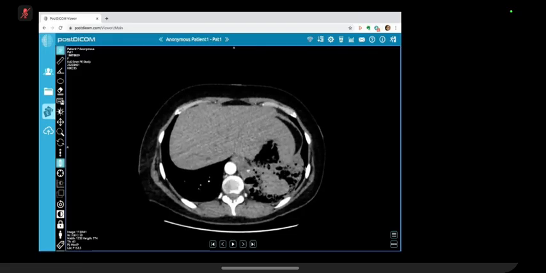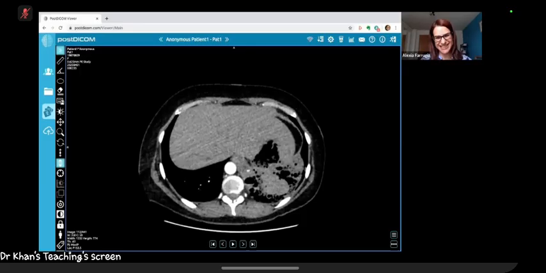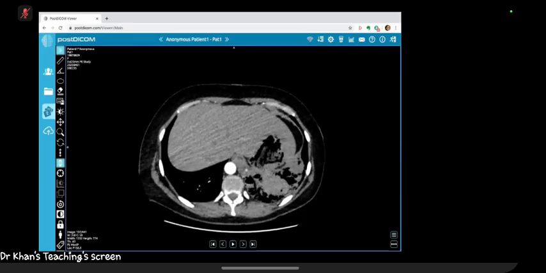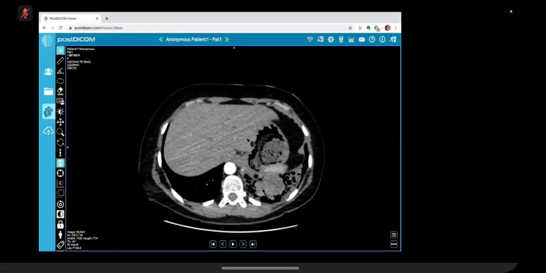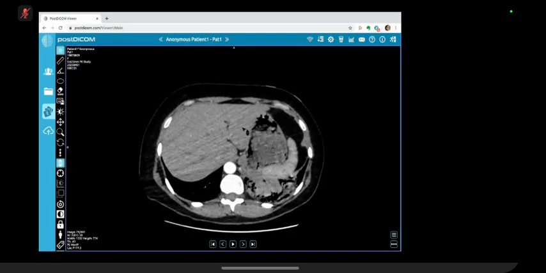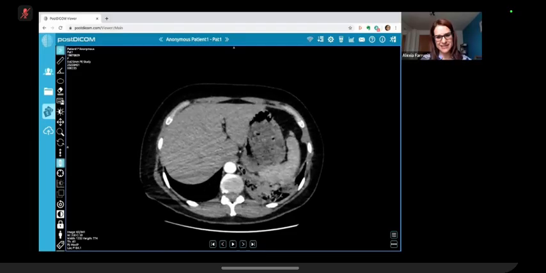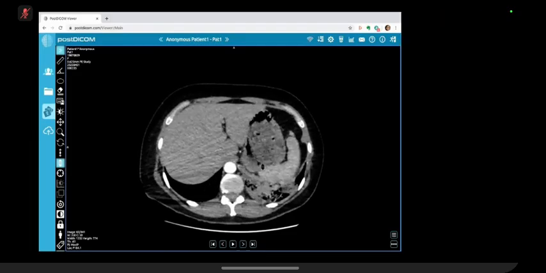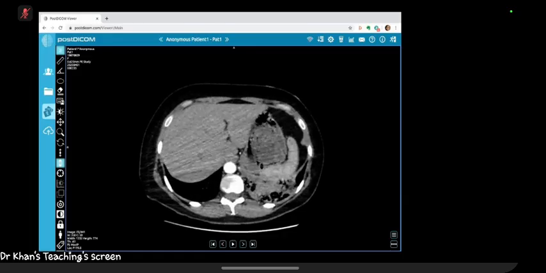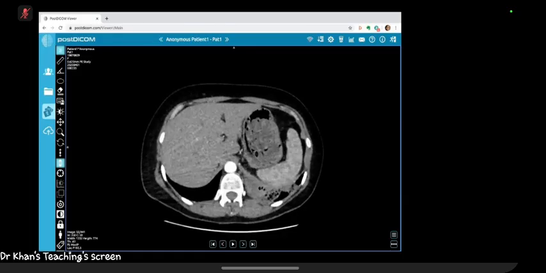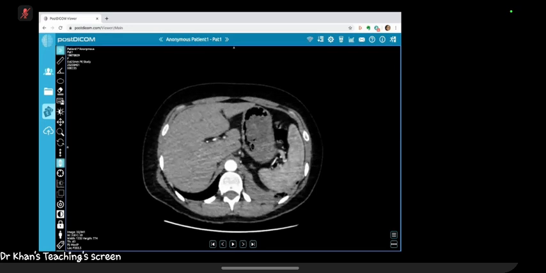Okay. So it's that tortuous. But I imagine that it's going to get to the aorta, maybe. Let's see. Okay, can you still see it? Yeah. So it's still going.